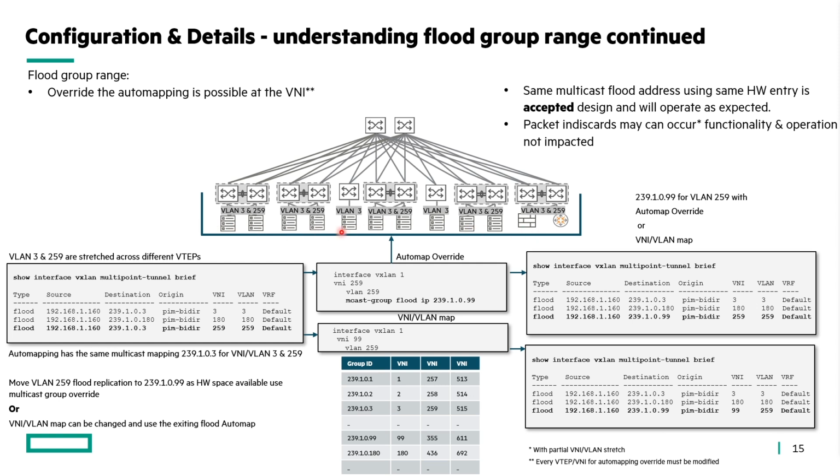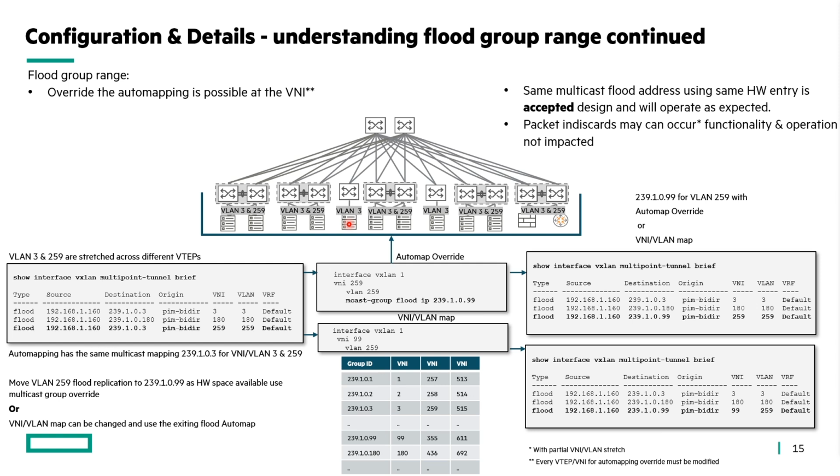So in this example fabric, we have VLAN 3 and 259 on each of the VSX VTEPs, and the standalone VTEP has VLAN 3. However, a broadcast packet arriving on VLAN 259 would also be seen at VLAN 3 because they share the same multicast group address.